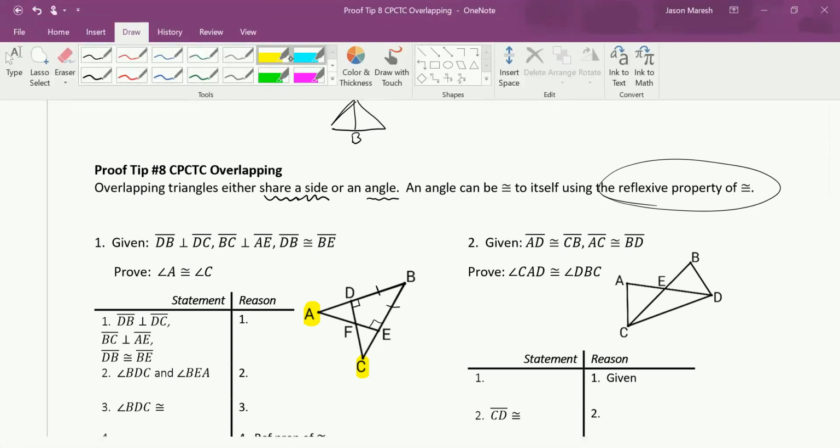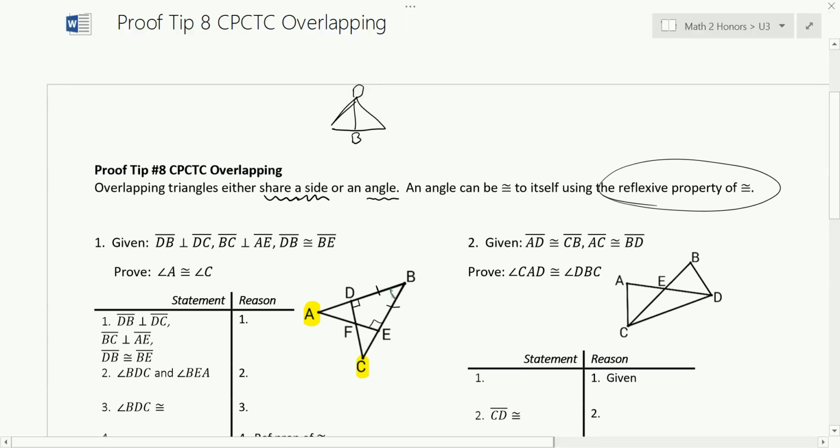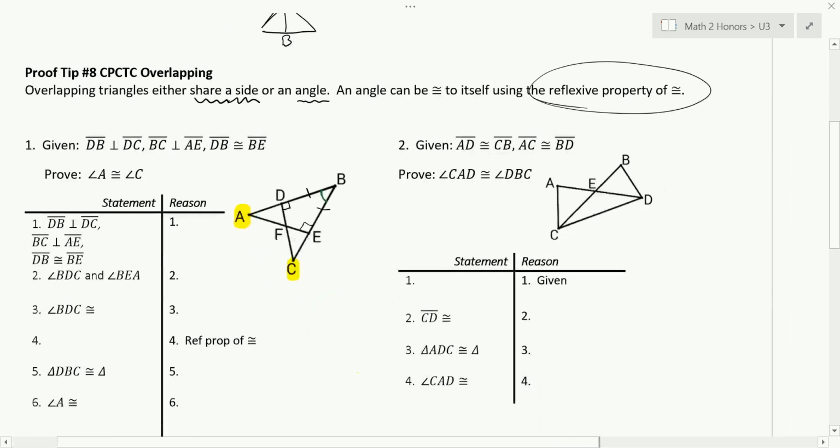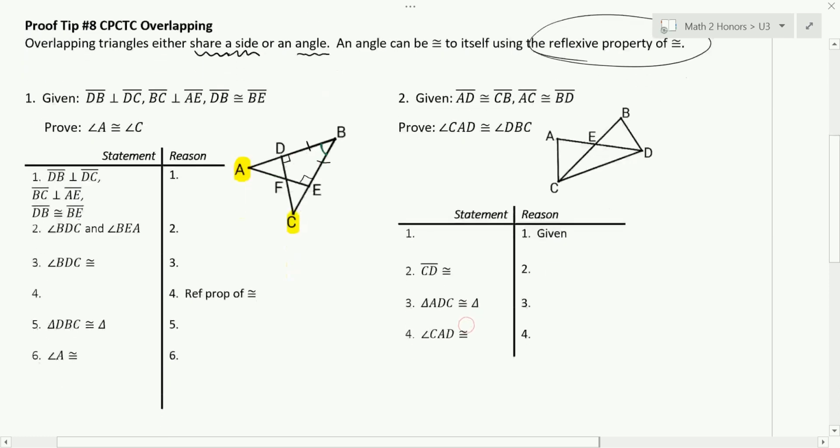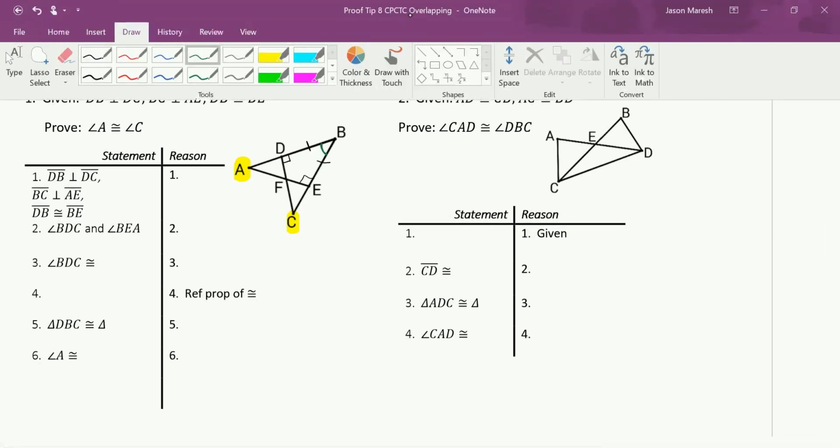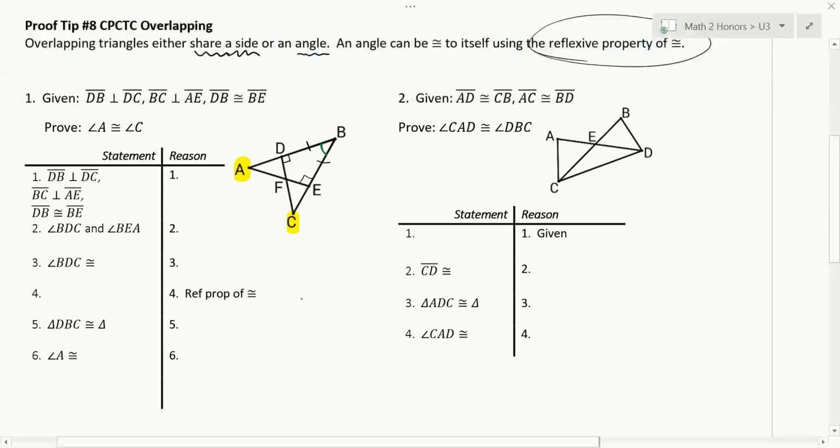And another technique, if you have something like this where the angle's shared, you don't have to do this. If you're good at visualizing, you do not have to do this. But if you're like, man, that's a little confusing, separate the triangles. So I'm going to separate them for you. So I'm going to draw AE, the big ones.